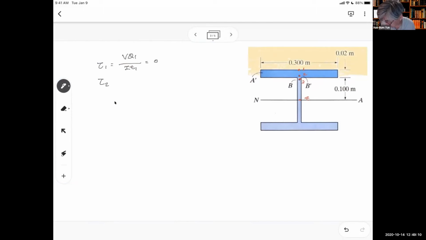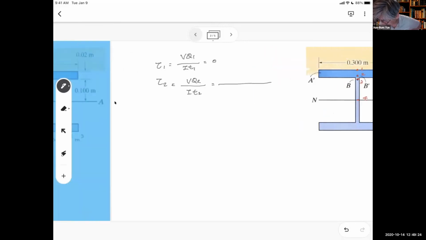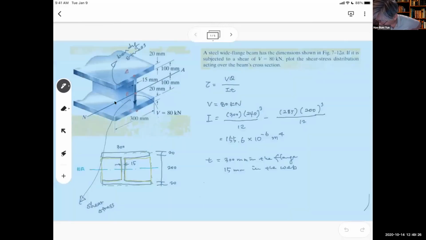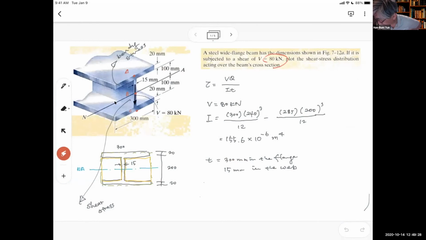Tau 2 is VQ2 over IT2. So V was 80 kilonewton.